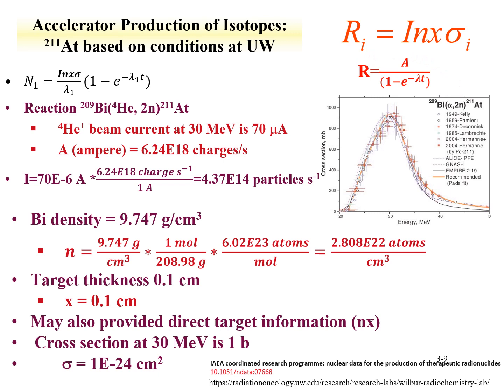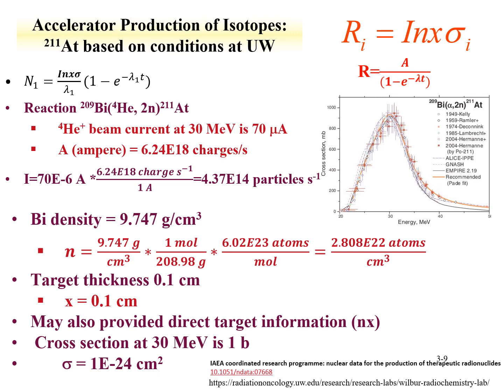So for the production of astatine-211, which is used as a radiopharmaceutical, the reaction includes a bismuth target, a helium projectile, 2 neutrons come off, and the product nuclei astatine-211 is produced. The helium projectile is a monovalent helium beam, and at 30 MeV it has a beam current of 70 microamps for this accelerator.